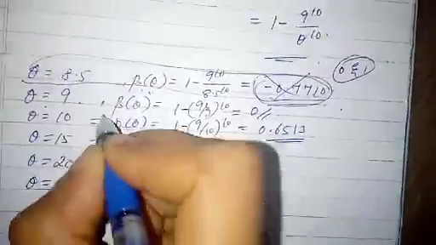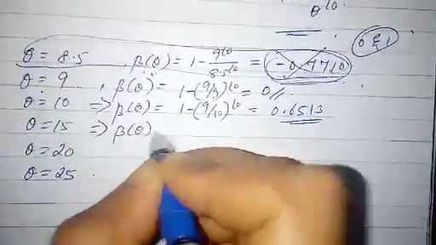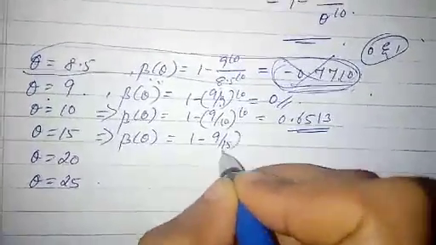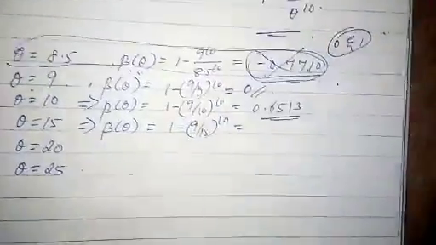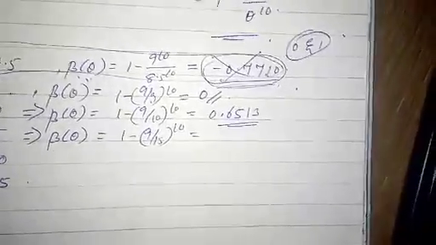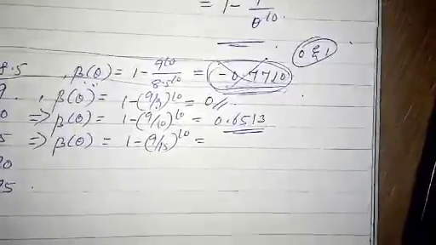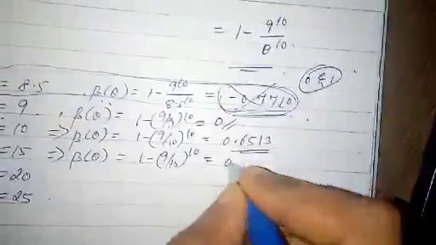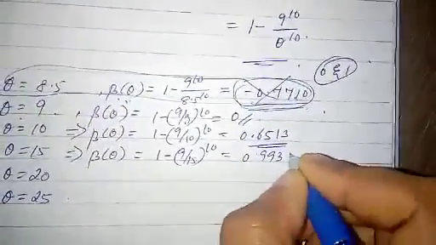Then theta equals 15. Then the power function of the test equals 1 minus 9 divided by 15 to the power 10, which is equal to 0.9939.